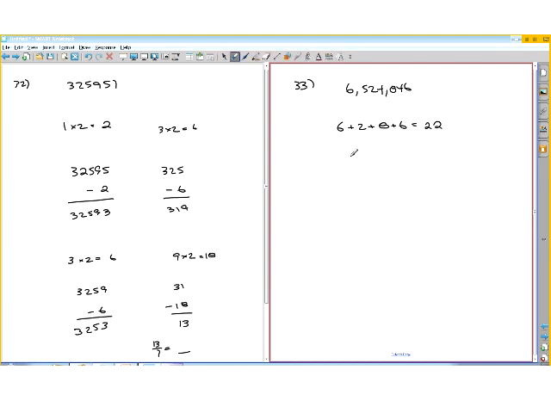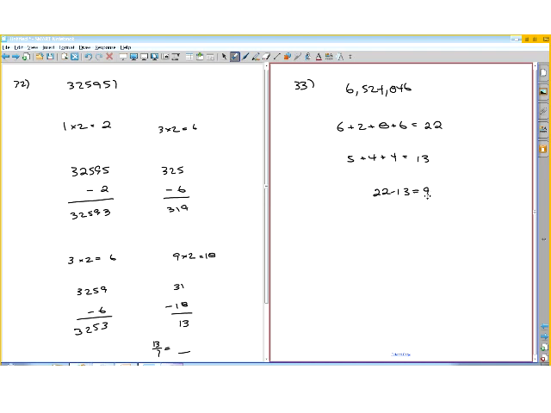Add together the remaining digits. 5 plus 4 plus 4 is 13. Subtract the smaller of the two sums from the larger. 22 minus 13 is equal to 9.